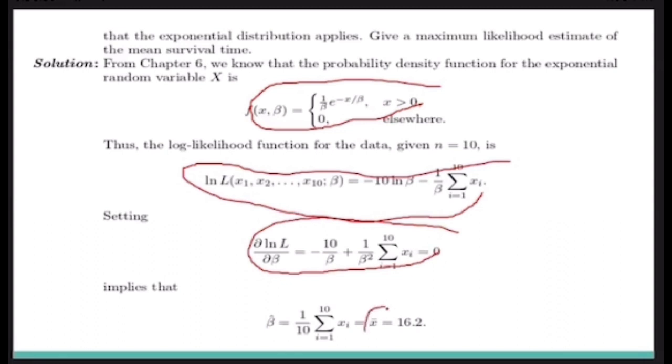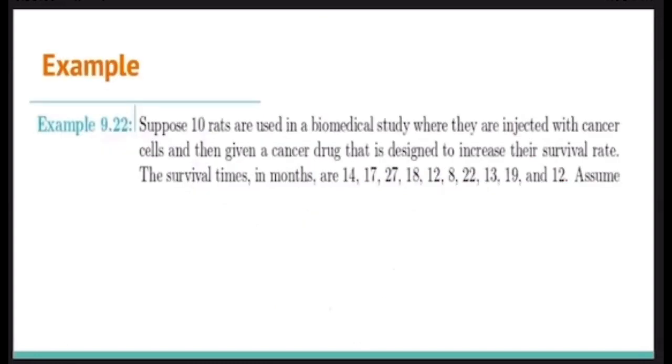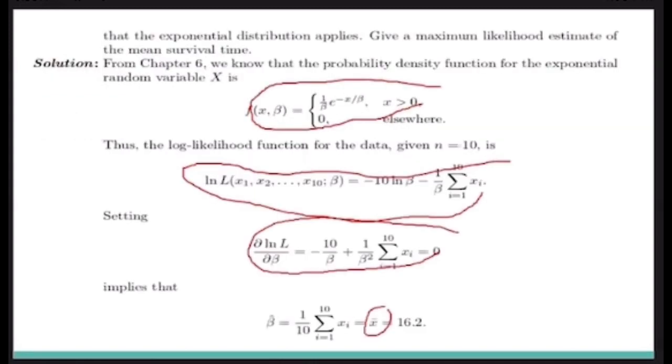That gives you x bar. If beta gives you x bar, then you go to the data and find the average of this. The average of this data is the same thing as beta cap. It's 16.2. I'm done.